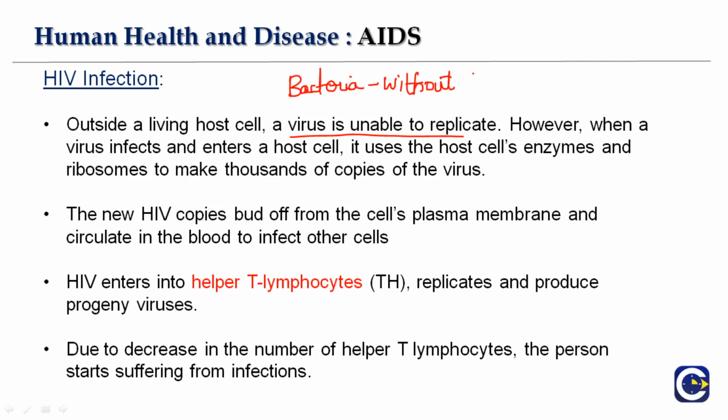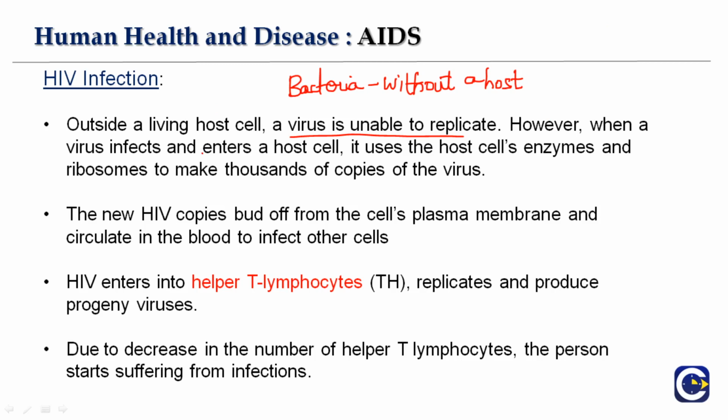But a virus, if you say, it exclusively requires a host, irrespective of what the host is. It can be a plant, it can be an animal, it can be another microorganism too, it can be humans as well. So they need a living host cell for it to replicate. So outside the living host cell, the virus will be unable to replicate.